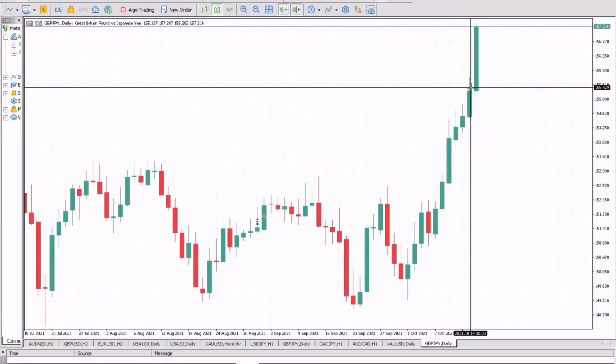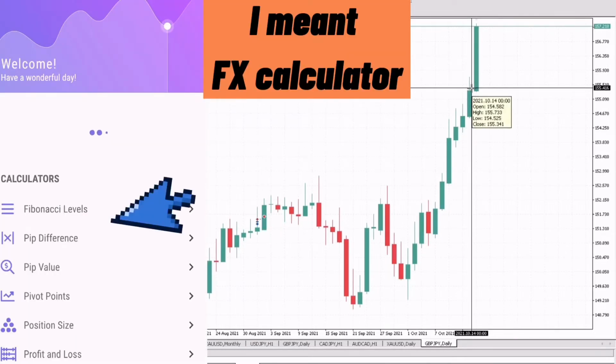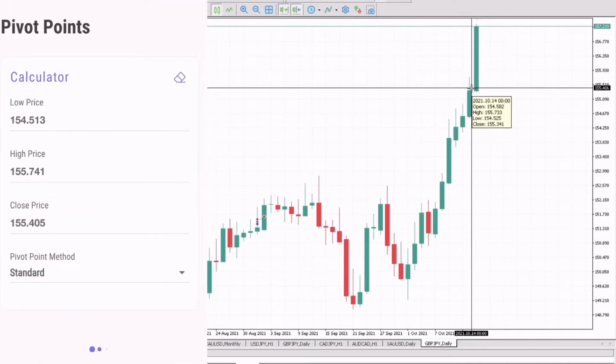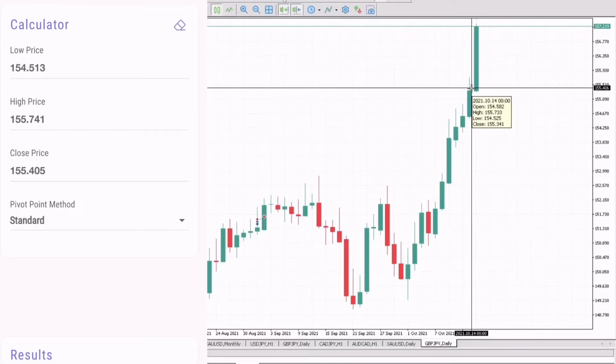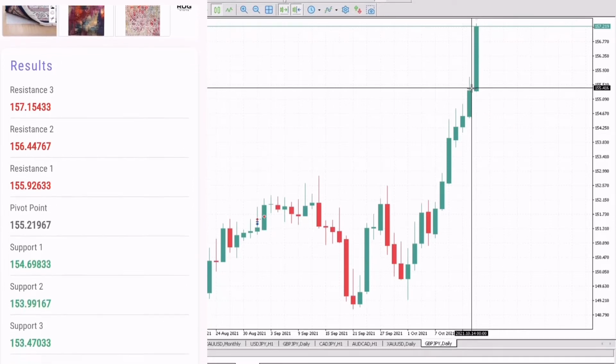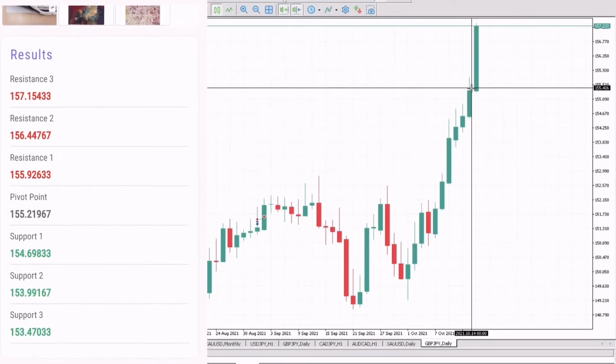So what you do is you open your pivot calculator, just because I've already done it, and this is it. You open your pivot, then on the low you type in the figure you saw there, while the high you put in your high figure, and the close you put in.